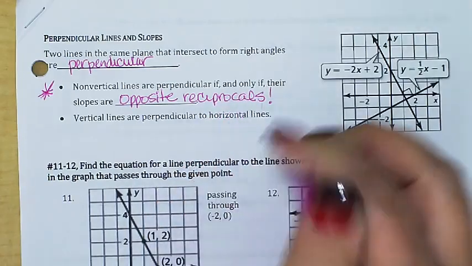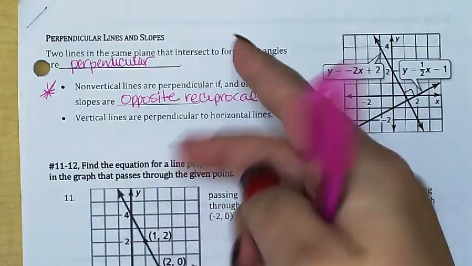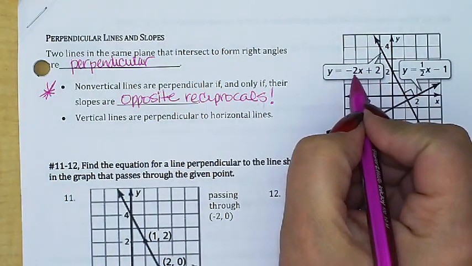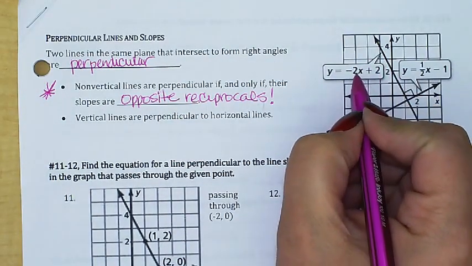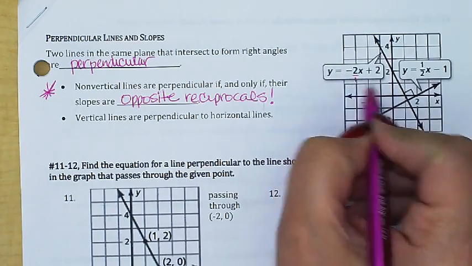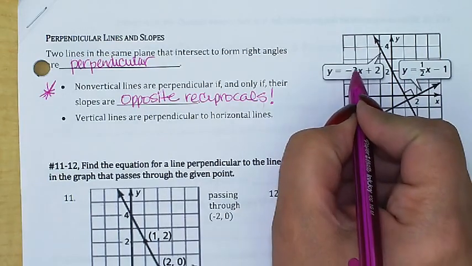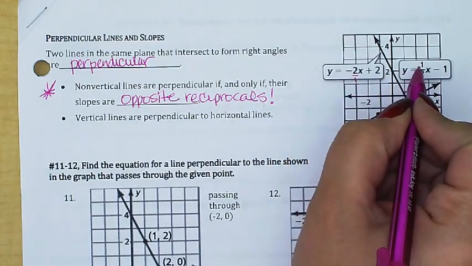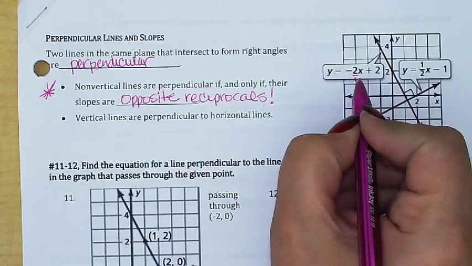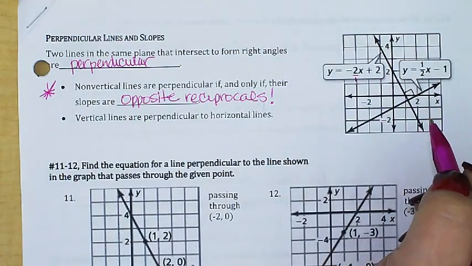So we reviewed that a little bit in our previous lesson, but reciprocal means we basically flip the numerator and the denominator. So here is a good example, right? This guy has a slope of negative 2, which is really negative 2 over 1. So we would change the negative to a positive, and we would flip that 2 over 1 and rewrite it as 1 over 2. That relationship right there is what guarantees that the lines are perpendicular.